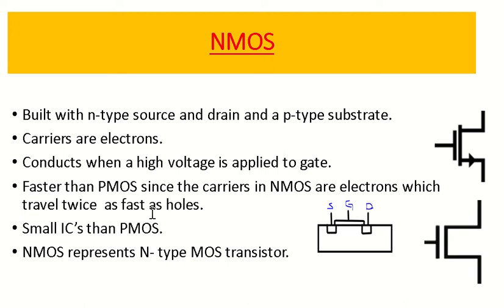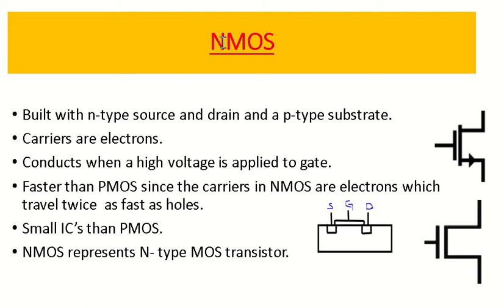In NMOS the majority carriers are N-type, meaning electrons. So NMOS is faster than PMOS. This will be asked in many interviews and examinations: which is faster, NMOS or PMOS? Definitely NMOS.